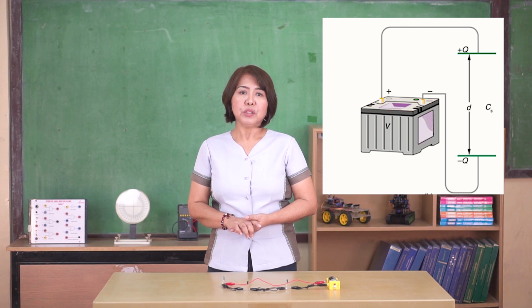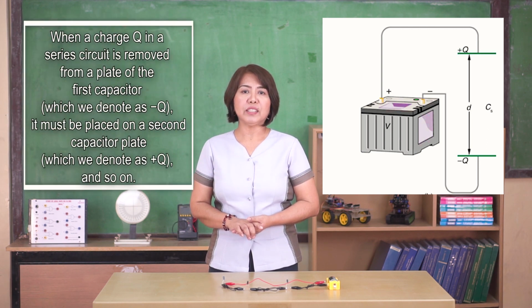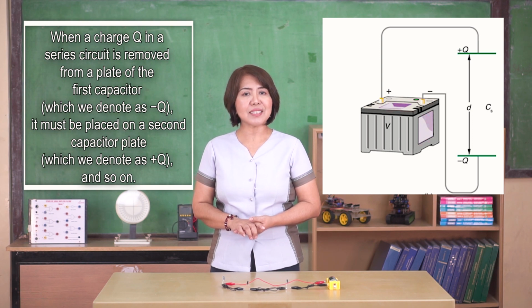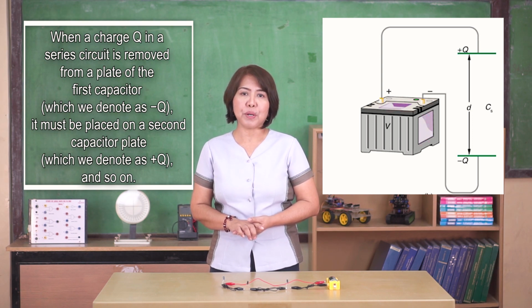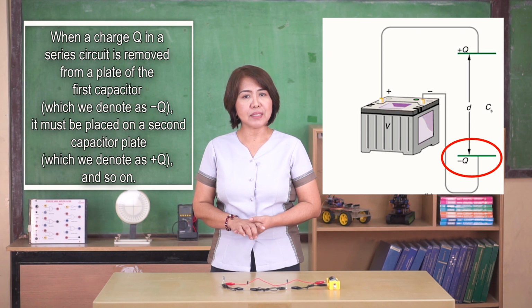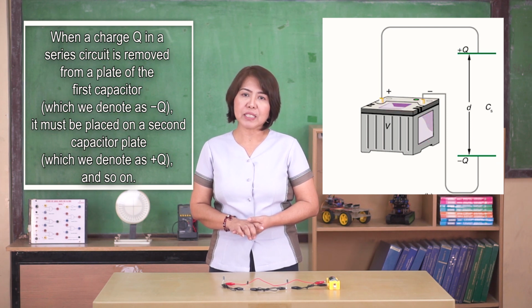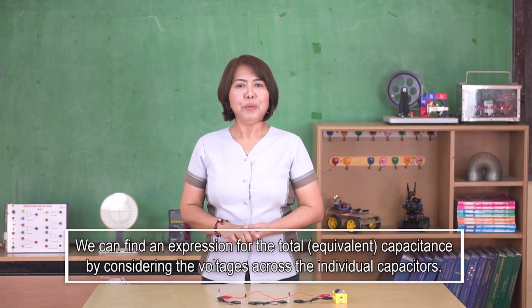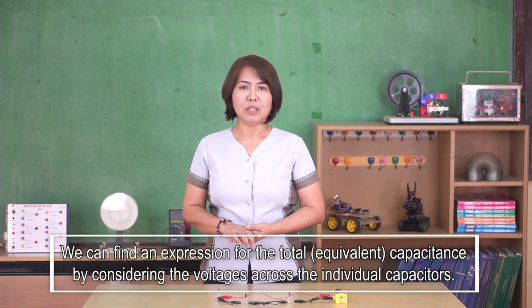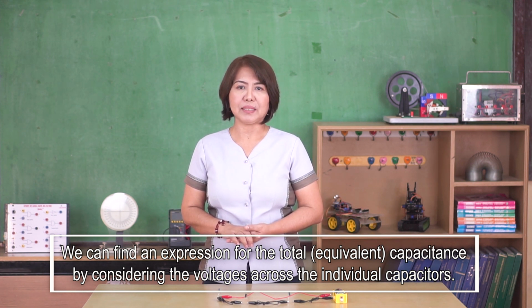This occurs due to the conservation of charge in the circuit. When a charge Q in a series circuit is removed from a plate of the first capacitor, it must be placed on the second capacitor plate and so on.